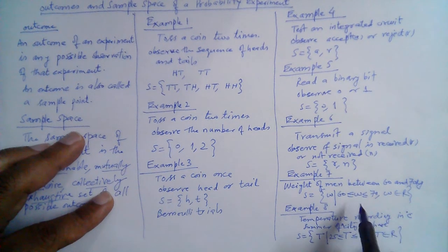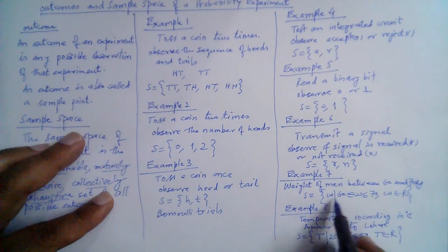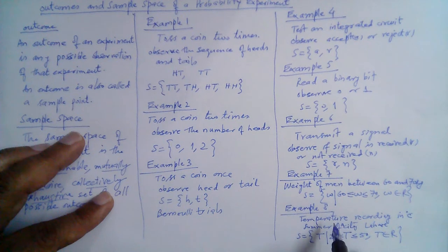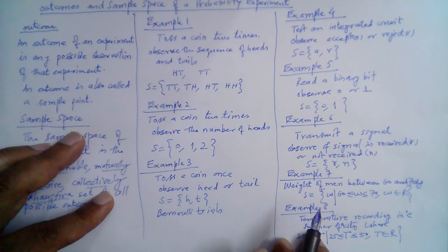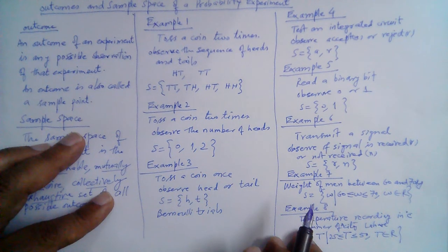So this is any real number between 60 and 70 kg in this case, and in the other example, any possible outcome is a real number between 25 degrees Celsius and 50 degrees Celsius. So the sample space can be discrete or continuous, and an outcome is a sample point of the sample space, an element of the sample space.